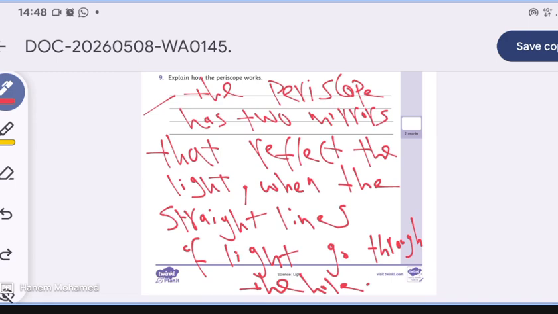We can use a periscope if we want to see something behind the wall, like this boy made an experiment by using two mirrors inside the periscope. A smooth surface like the mirror reflects the light in one direction. The robin or the bird, with its irregular body, reflects the light in different directions. So this is everything about the first sheet.